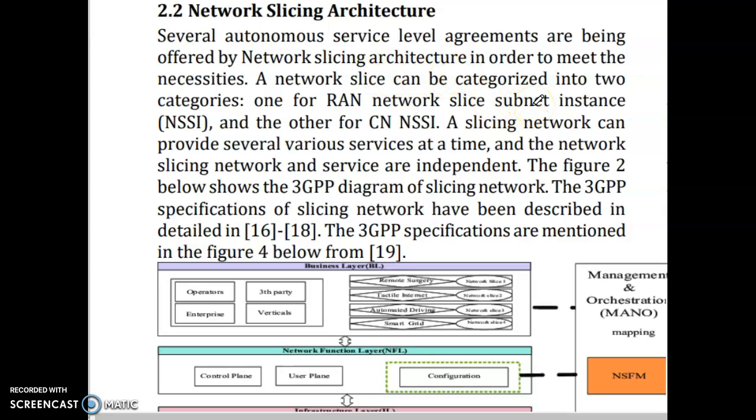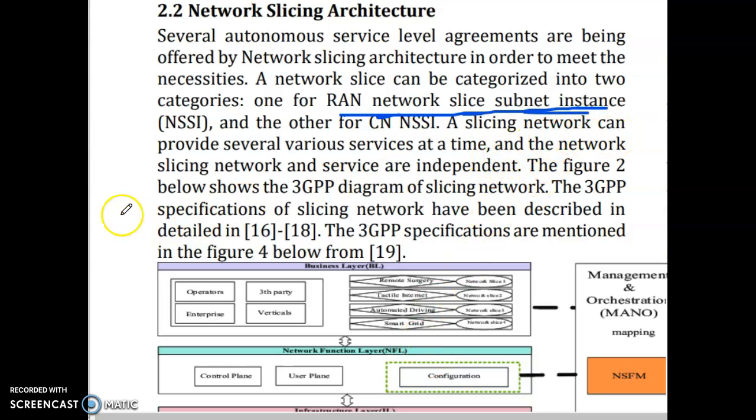A network slice can be categorized into two categories: one for RAN network slice subnet instance, NSSI, and the other for CN NSSI.